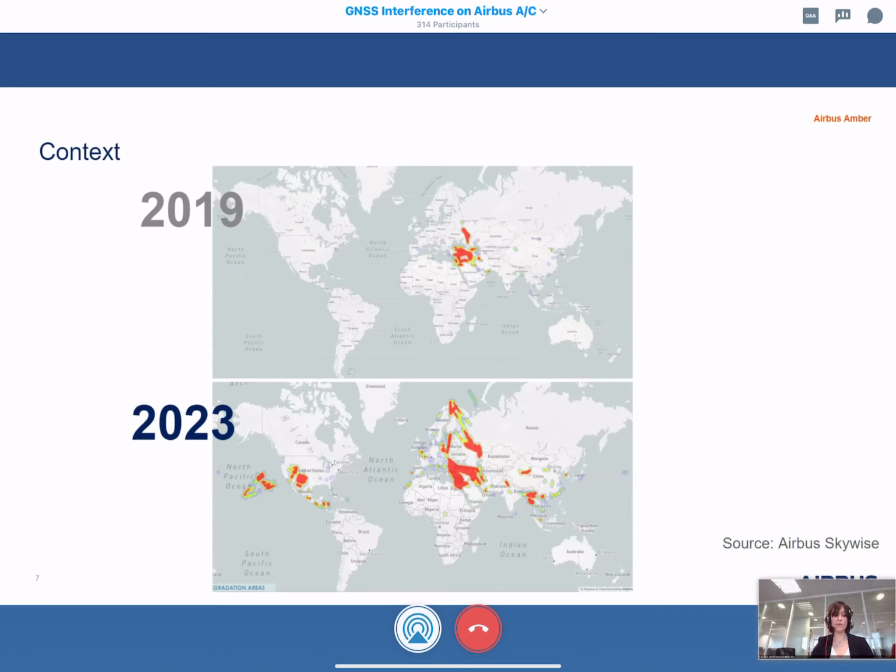According to EASA, which matches Airbus observations, the main affected areas would be the Black Sea area, the South and Eastern Mediterranean Sea area, and the Middle East, and also the Baltic Sea and Arctic area would be affected. To illustrate the trend, we can see here a map of the evolution of the interference threat over the years according to the anonymized data received from our Skywise customers.